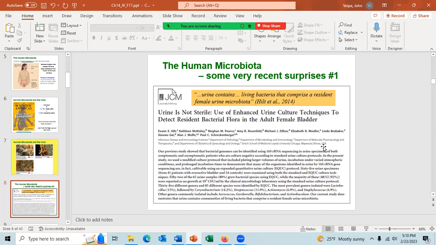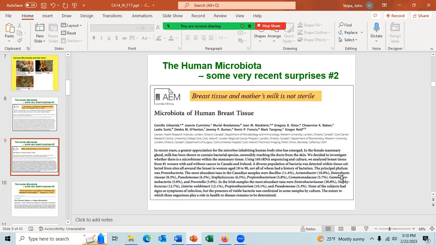The study did not look at males, so I do not know if there is a normal microbiota in the male bladder. But in females, there is definitely a normal microbiota in the bladder, so when you urinate and they do a bacterial culture, like I said, some of those organisms could actually be the normal microbiota inside the bladder. Most of them will be the normal microbiota that come from your urethra.